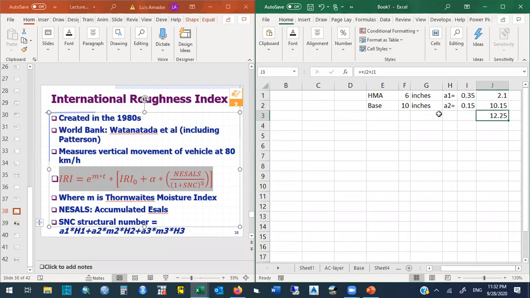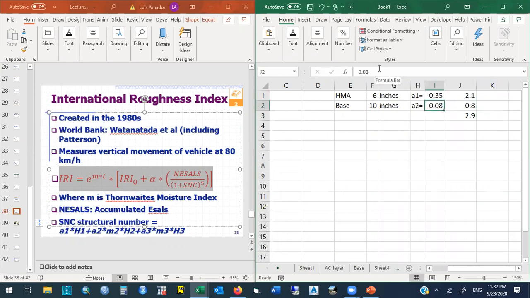Oh. No, it's still too... Multiplying or add? Multiplying. I added, sorry, that's my mistake. That's why it was not working. Okay. Thanks, thank you. So let's go back to the value we had before. Okay. So this is my structural number, SN. That's the SNC, okay, so it's SNC.